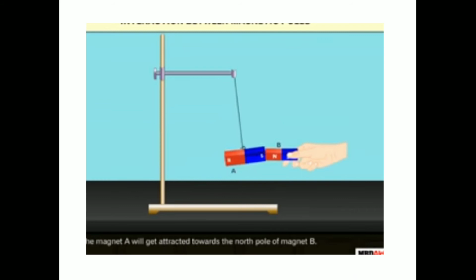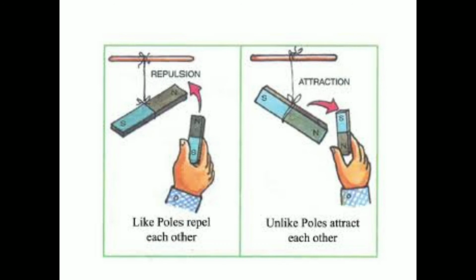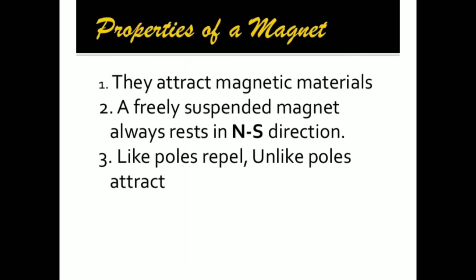The like poles, that is south and south or north and north, are going to repel each other. And if they are opposite poles, that is south pole and north pole, they get attracted towards each other. So this also shows the similar characteristic: the unlike poles attract each other and the like poles repel each other.